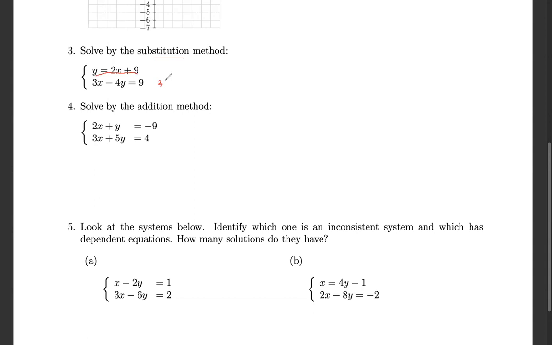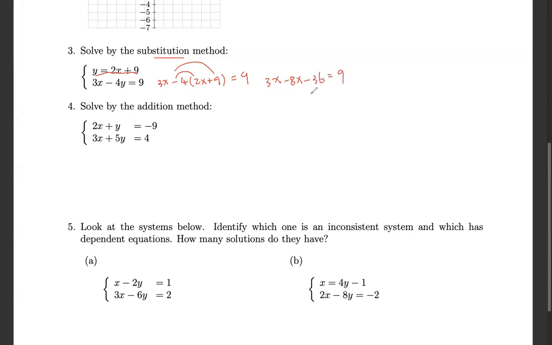So for the second equation, we rewrite the x term, but now we substitute y with 2x plus 9. That equals 9. Then we distribute this -4. Right? So we get 3x minus 4 times 2x, -8x, -4 times 9, -36.